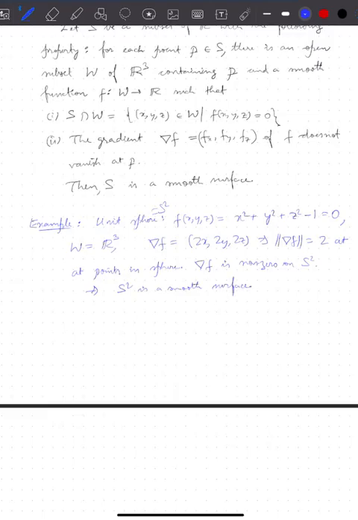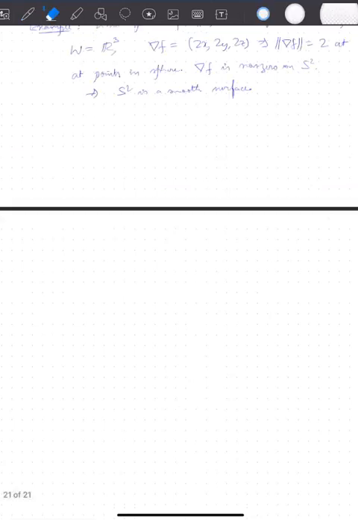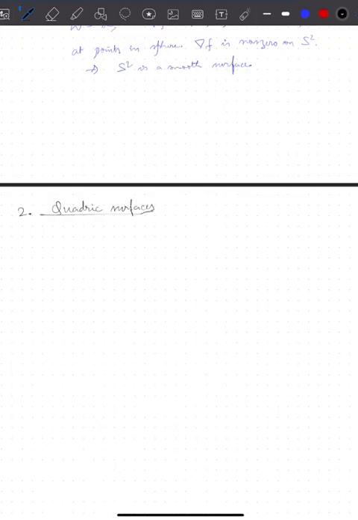Right. So the next example of surfaces are quadric surfaces, and this is in itself a huge chunk of surfaces, so we would just leave it at quadric. We call them quadric surfaces. We'll just give a very basic definition of that.